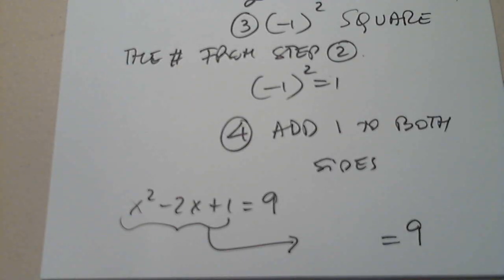So, how do we factor x squared minus 2x plus 1? I don't think any of us know. Right, it's x minus 1 squared.